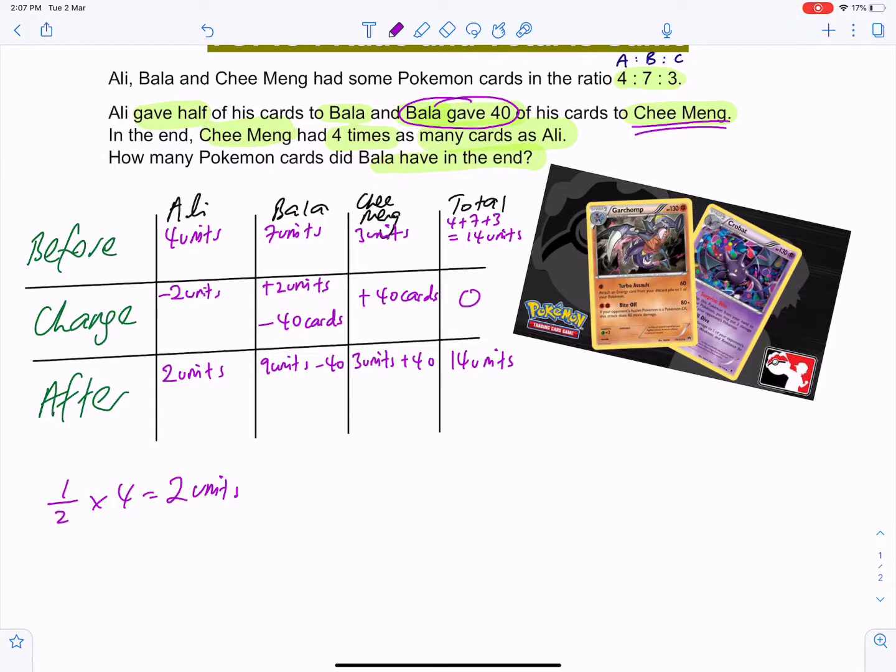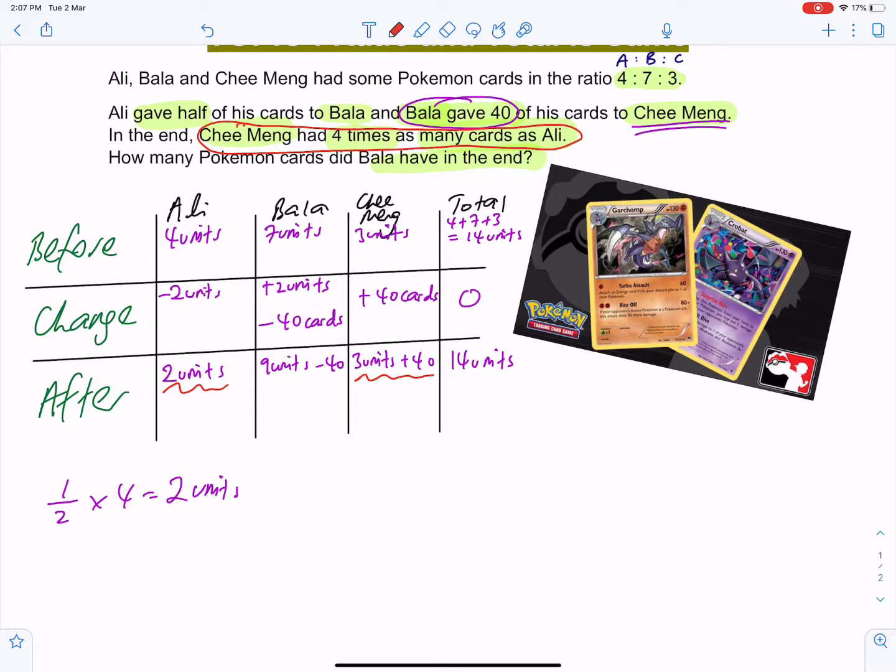There's one critical piece of information for this question, which is that in the end, Chi Ming had 4 times as many cards as Ali. So what I can say is that this value is 4 and this one here should be 1. So Ali to Chi Ming, in the end, should be 1:4.